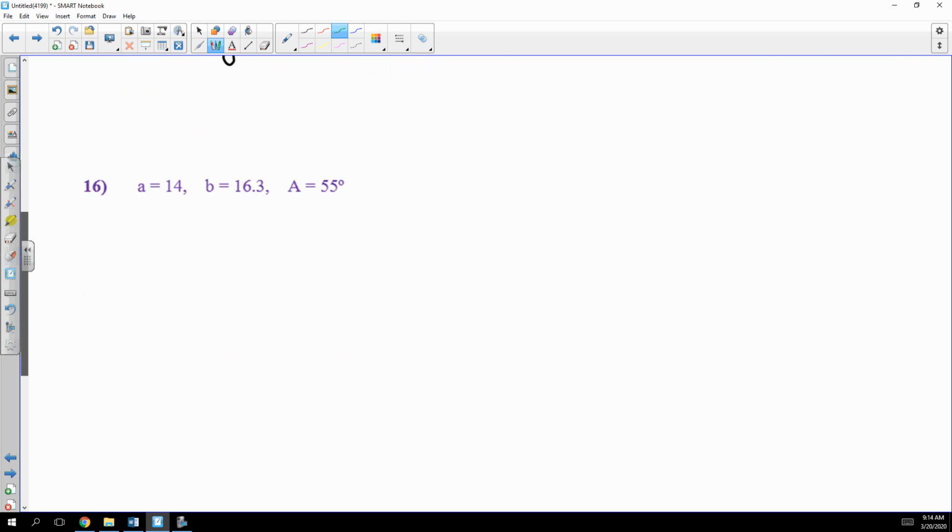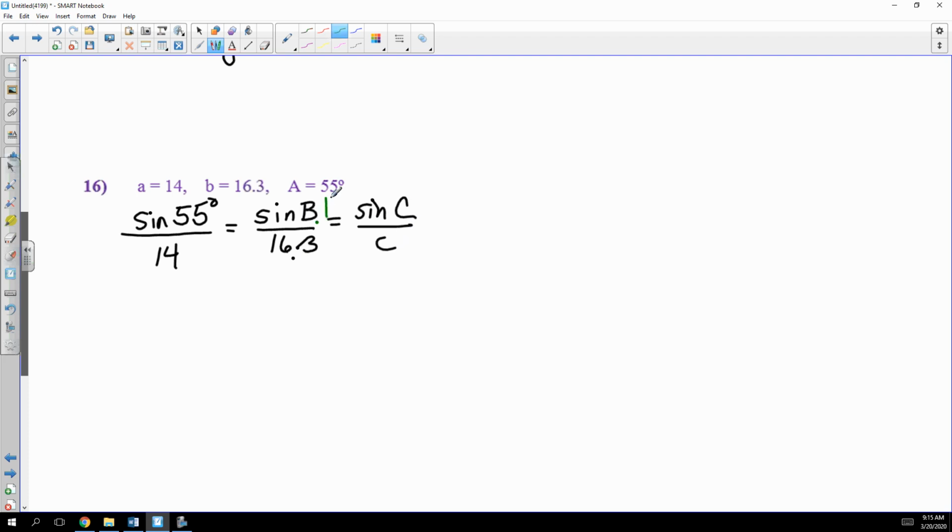All right, and in this particular problem, again, we're going to set it up. Since I don't have those sides, I'm going to say sine of 55 over 14, is equal to sine of B over 16.3, is equal to sine of C over c.